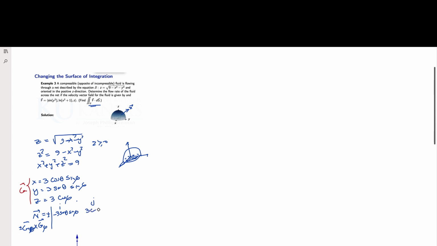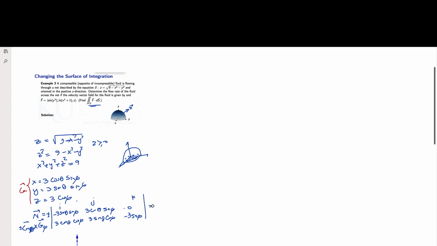We also have other knowledge that makes our computation a lot easier. We have 3 cosine theta cosine phi, 3 sine theta, the derivative of that, cosine phi, and here negative 3 sine of phi.